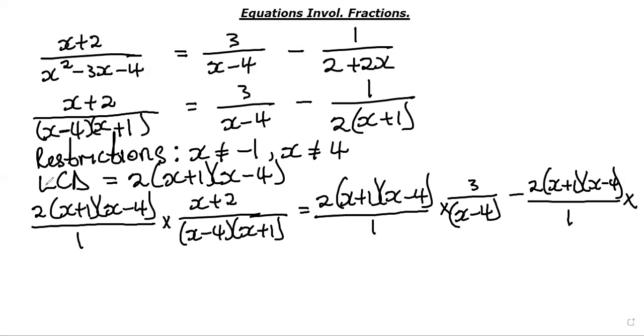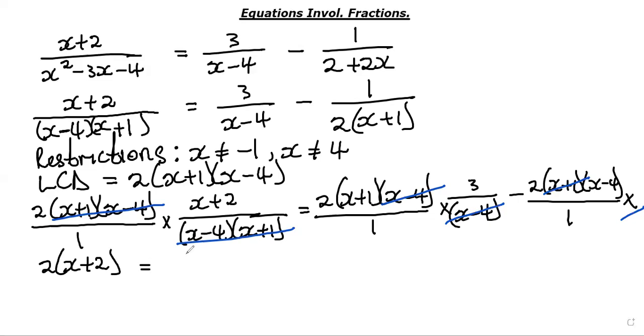Then after this point, we can see that these ones will cancel out. The whole of this will cancel the whole of that. x minus 4 will cancel that. And in the last term, x plus 2 will cancel another x plus 2 there. So the question is, what are we left with then? Well, we are left with 2 into (x plus 2).